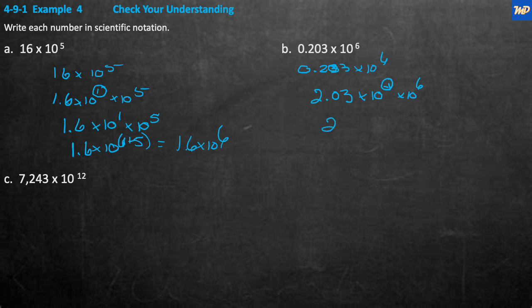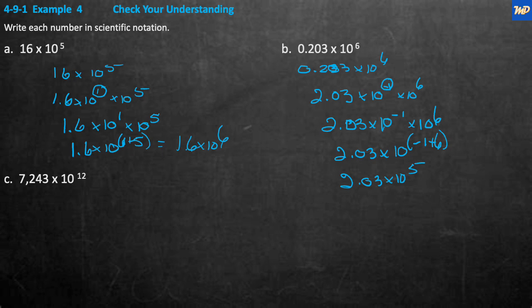So it's going to be 2.03 times 10 to the negative 1 times 10 to the 6th. And now it's 2.03 times 10 to the minus 1 plus 6, which is equal to 2.03 times 10 to the 5th power.